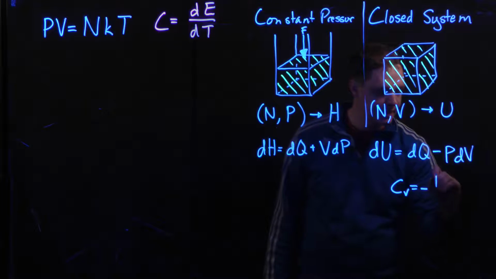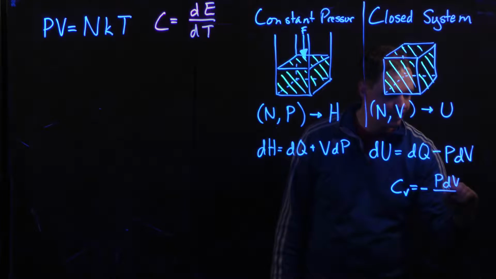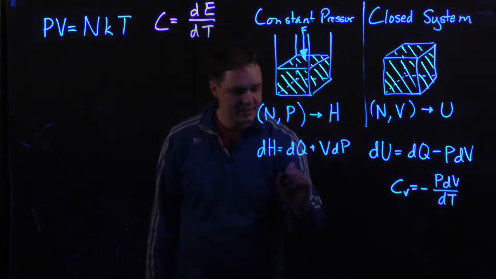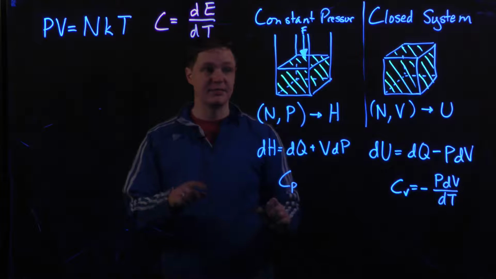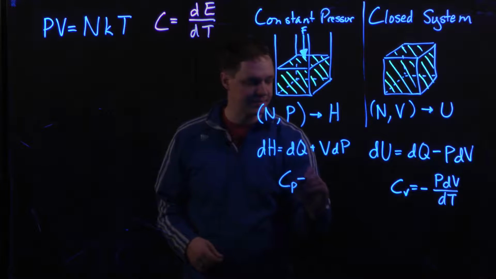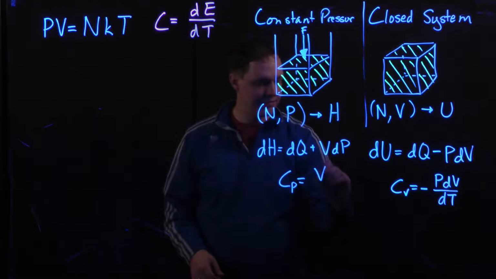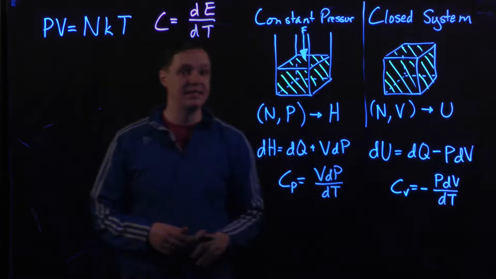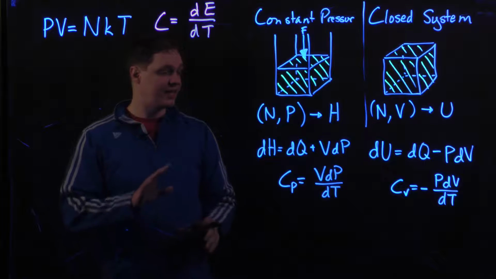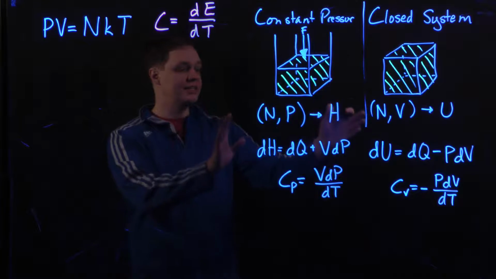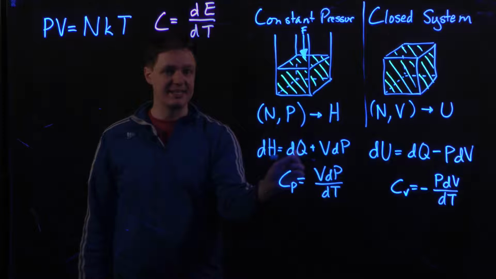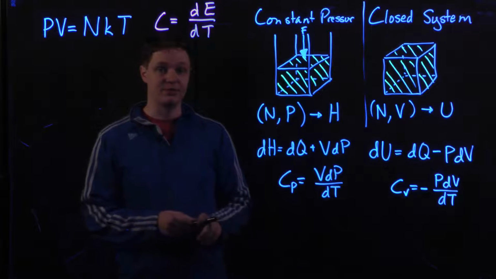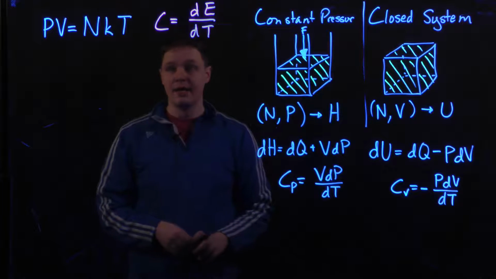So it will be minus P dV over some change in temperature. Similarly, the heat capacity at constant pressure for the constant pressure system will be positive V dP over dT. The trick that I employed here is that I look at these two systems, both of which have an explicit role played by heat, so that I can get rid of those two environments.